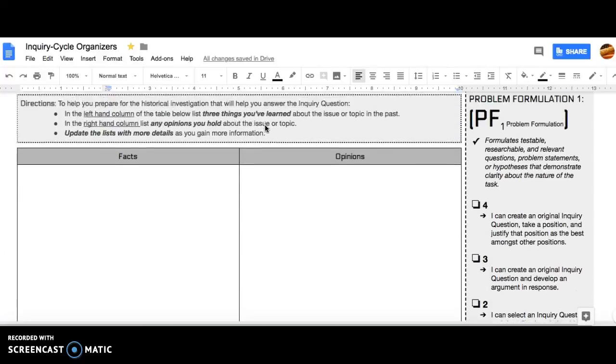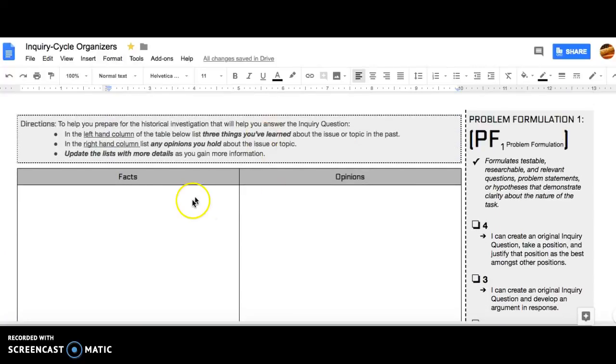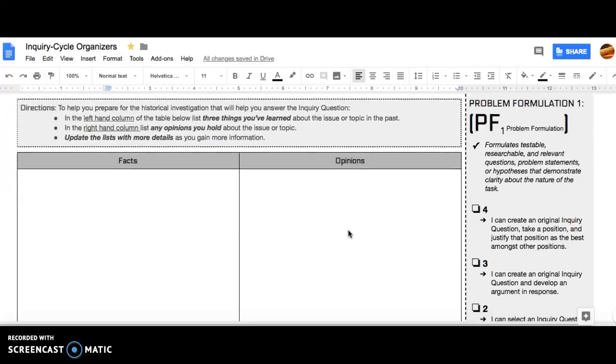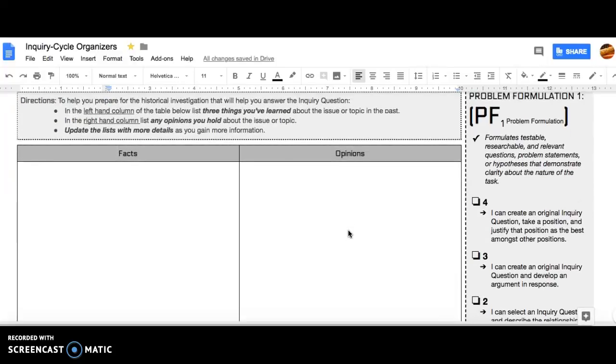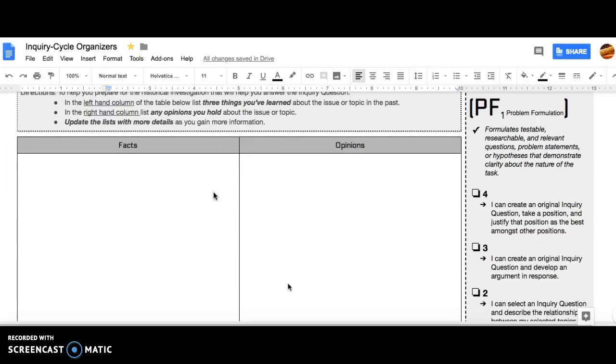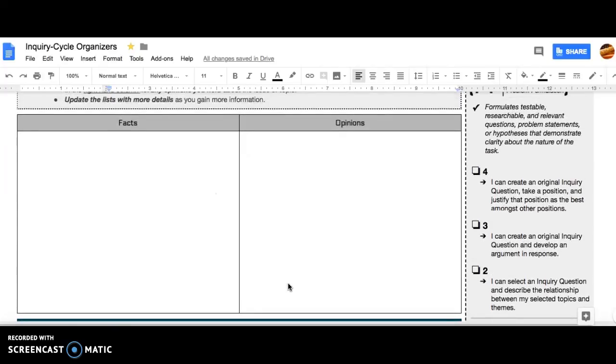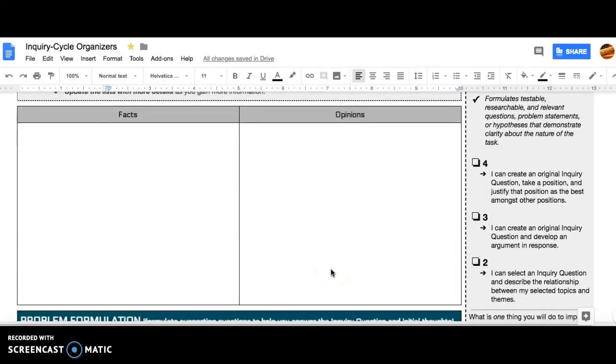Now, obviously, this organizer really depends on how much you already know about the issue or topic. And even though you should do this before you actually start the inquiry, before you move on to the research part, you can always go back to it and include more facts and opinions that you may have developed from your research.